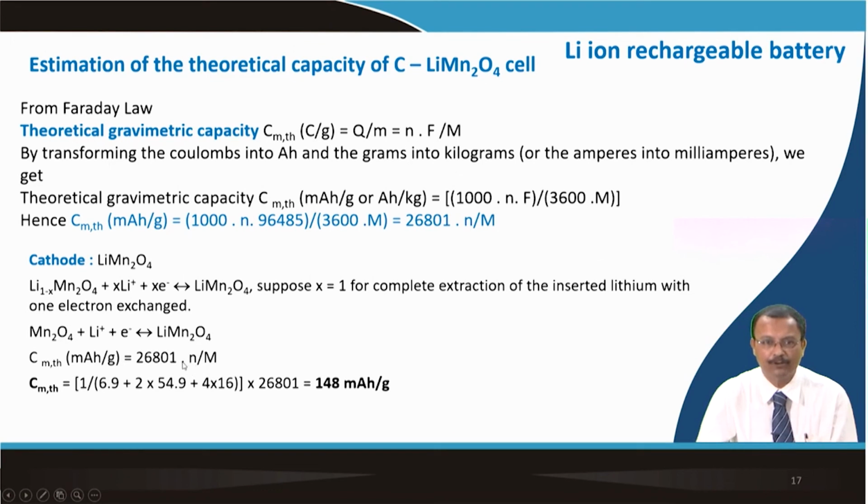26801 into number of electrons by M. Here you can see that the number of electrons is 1, and this is the molecular weight of lithium manganese oxide, which I can estimate: this is for lithium, this is for manganese, and this is for oxygen, and I get the capacity of about 148 milliampere hour per gram.